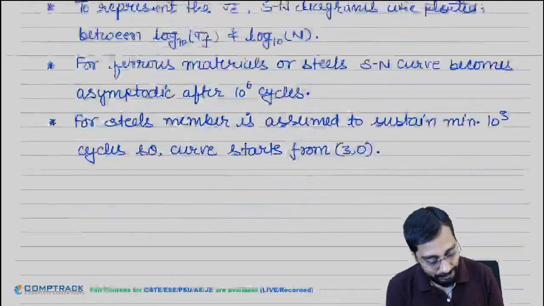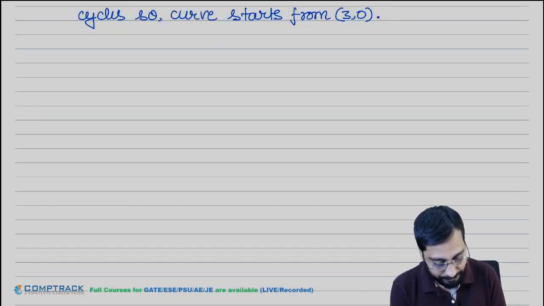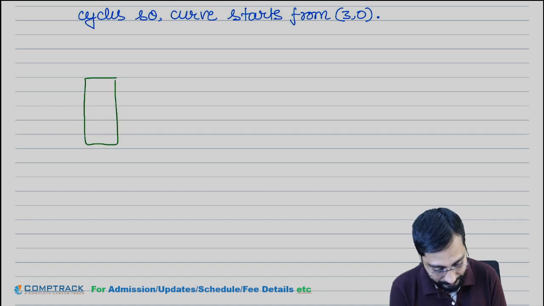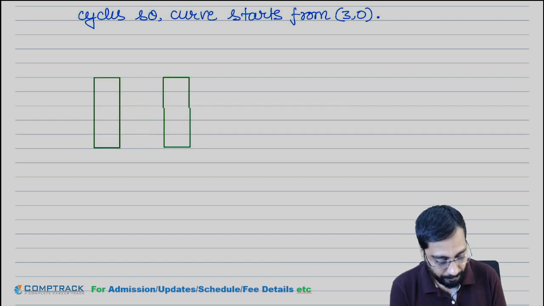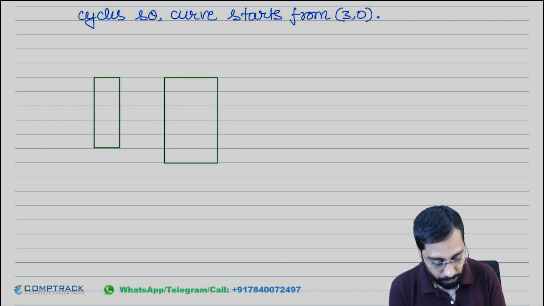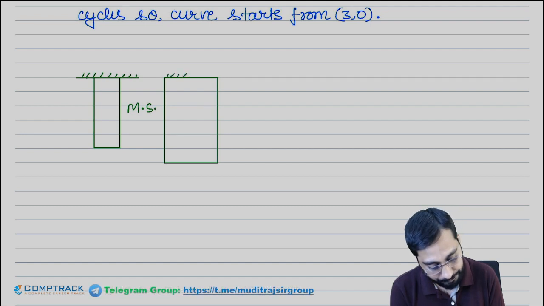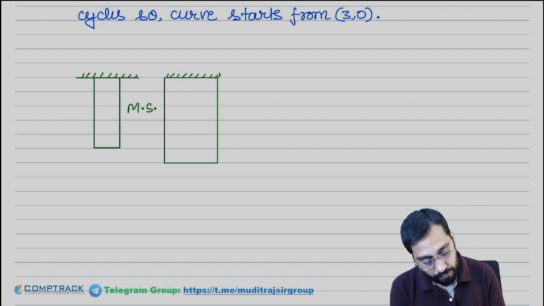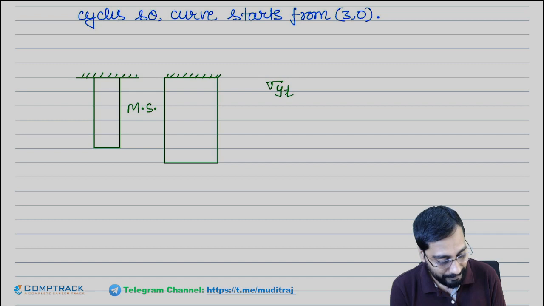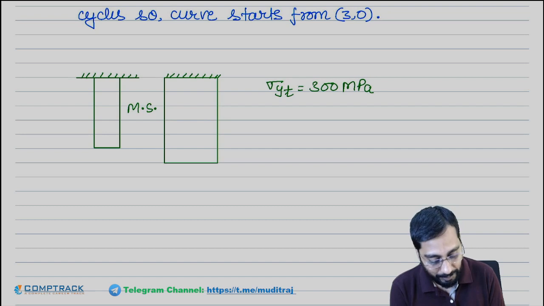Material properties means if I consider a bar like this, a smaller bar, and this is a larger bar. Both are made up of, let's say, mild steel. Here, let's say the sigma YT for mild steel is 300 megapascal. This is bar 1 and this is bar 2.